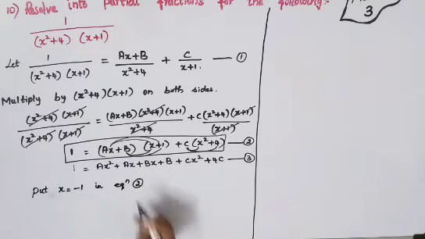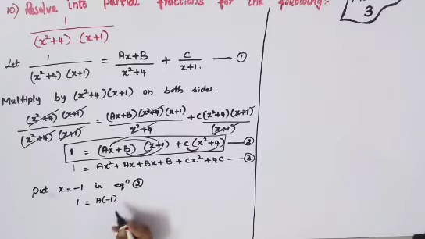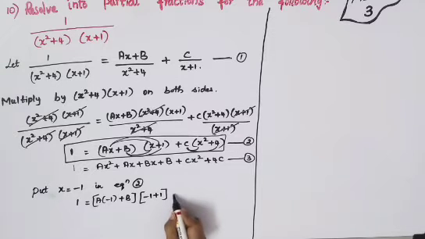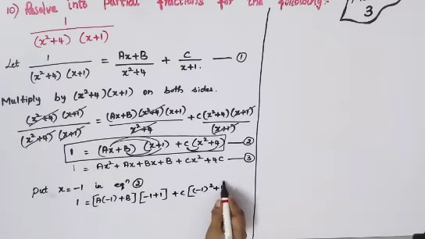2. So 1 is equal to, ax is there, so a into minus 1, plus b into, again x is there, so minus 1 plus 1, plus c into, x square is there, so (minus 1) the whole square plus 4.